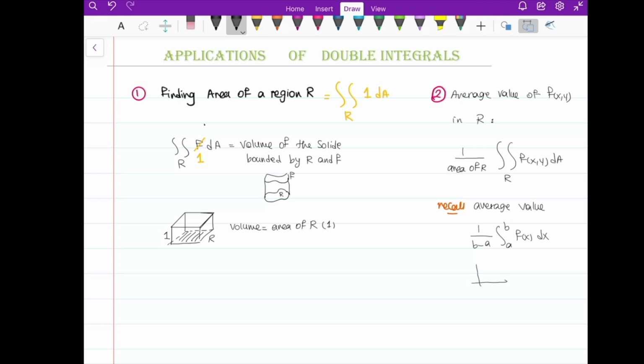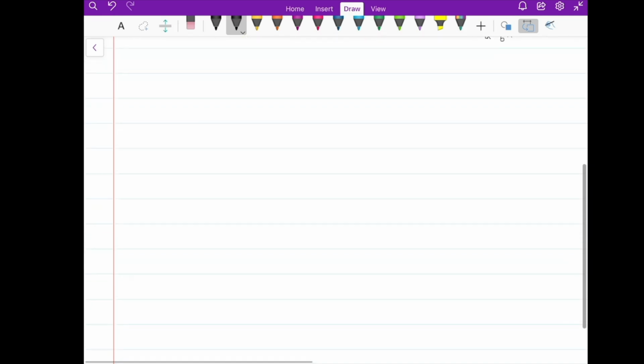So if we just have a single variable function like that, from a to b, then this formula gives us the average value of the function on the interval a to b. So when we have the region R, we have kind of the same thing. 1 over, instead of the length of the interval, we have the area of R, and then the double integral like that.